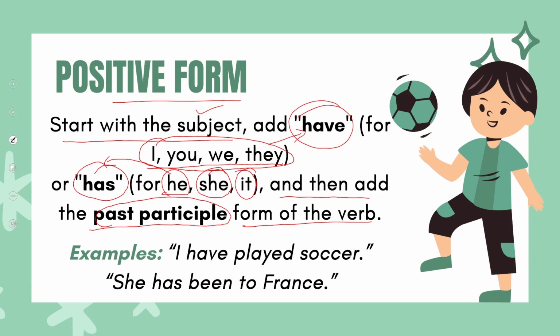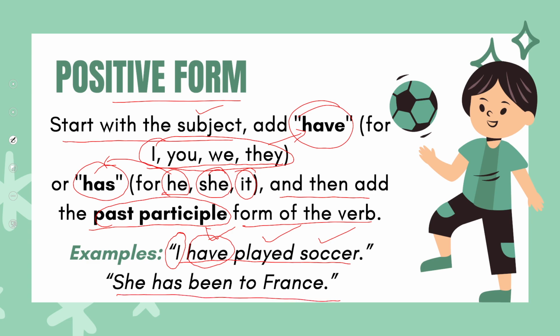Now, let's look at an example. I have played soccer. I with the word have, and then our past participle of the verb, which is played, and then our object or anything that we are talking about.